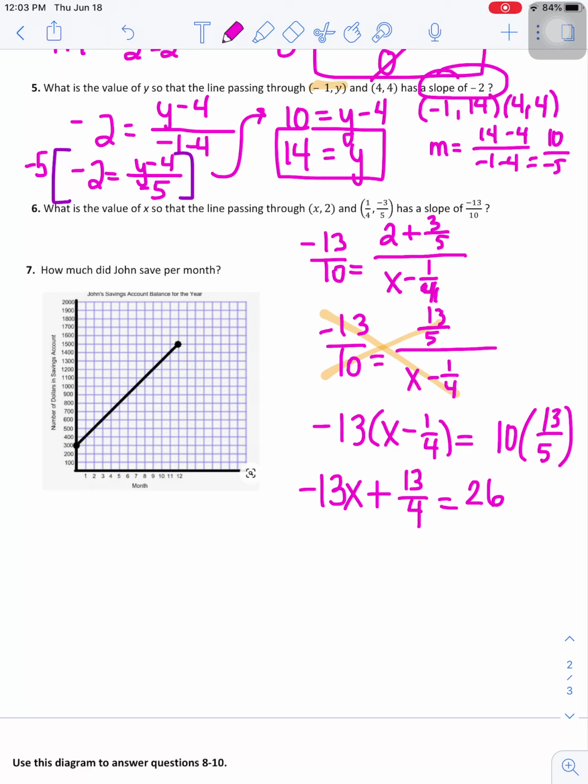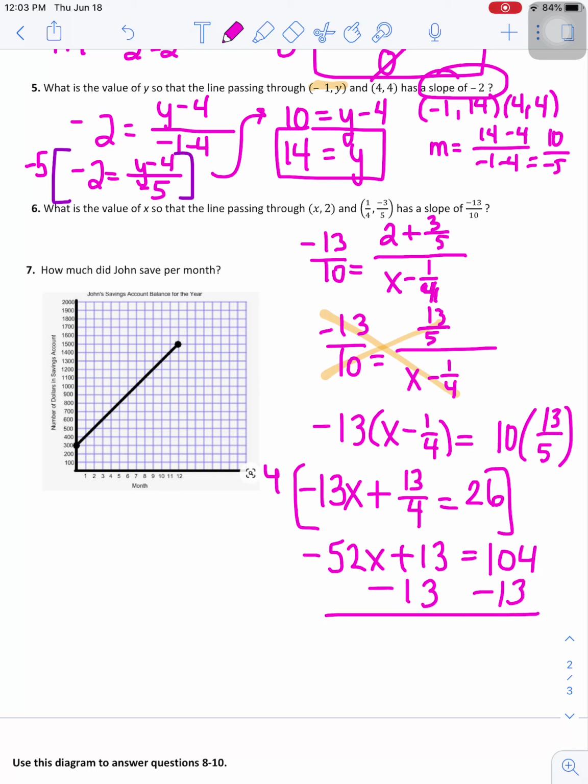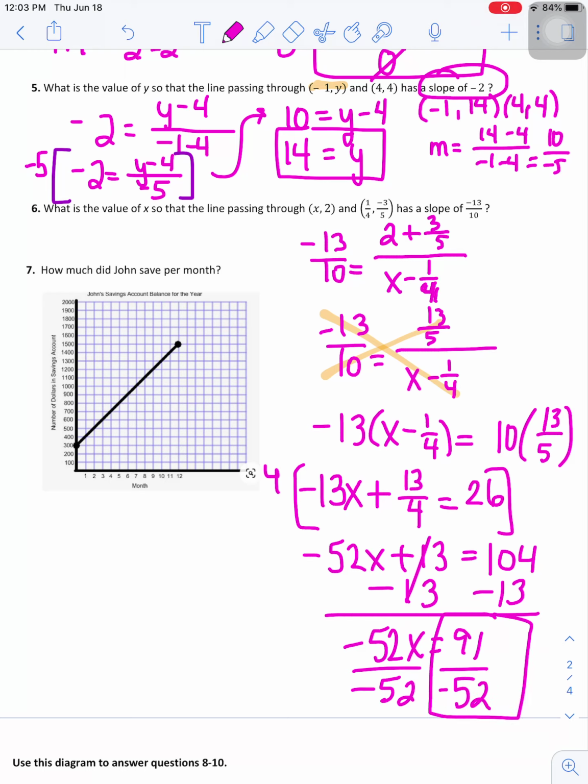Now at this point, you may want to clear your fraction out by multiplying through by 4. 13 times 4 is going to give you 52, so it's negative 52x plus 13, and then 26 times 4 is going to give you 104. And then if we subtract our 13, negative 52x is equivalent to 91. And when we divide by negative 52, you get negative 91/52.